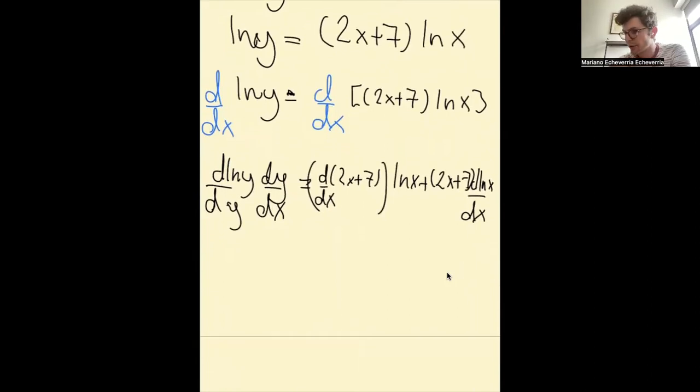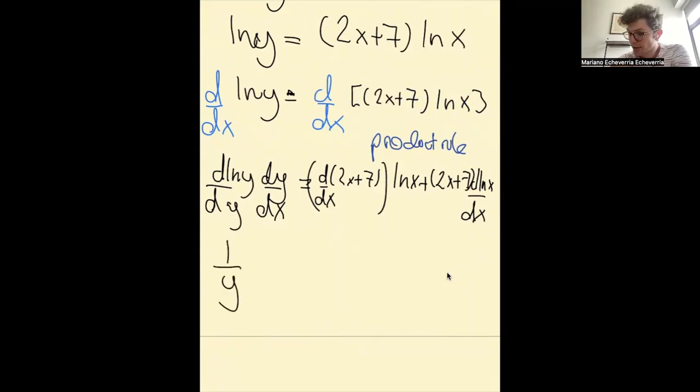The difference is that now both factors depend on x. Before, one of the factors was always a single number. So that's why now we do have to apply the product rule. And everything else is more or less the same as before.